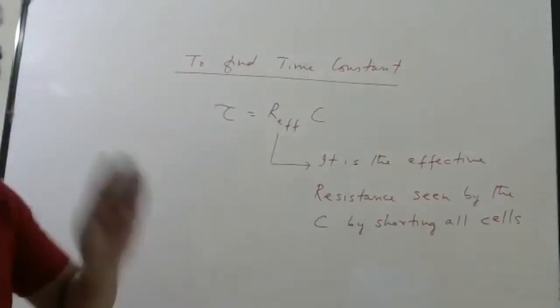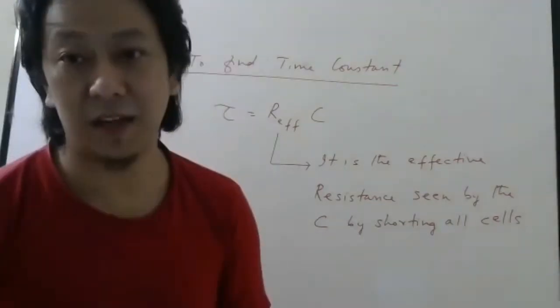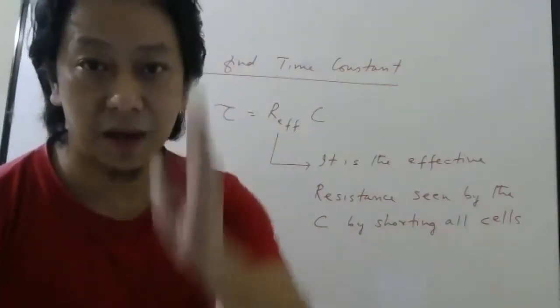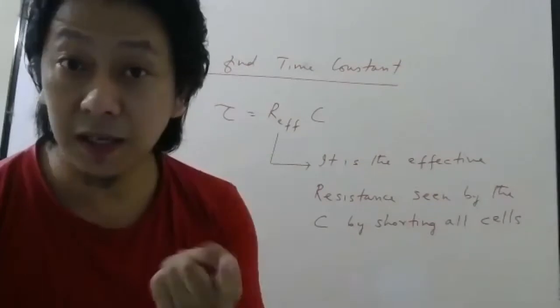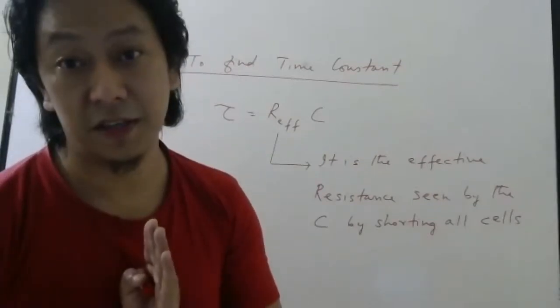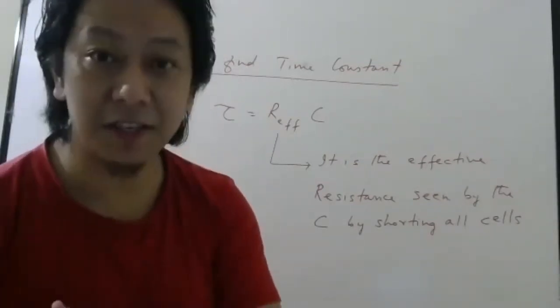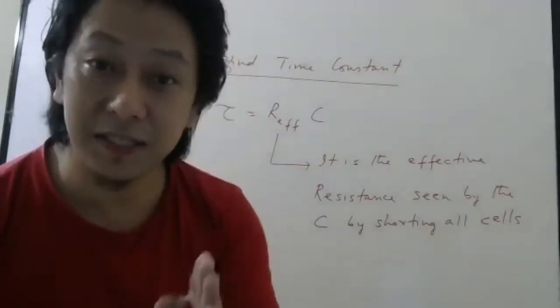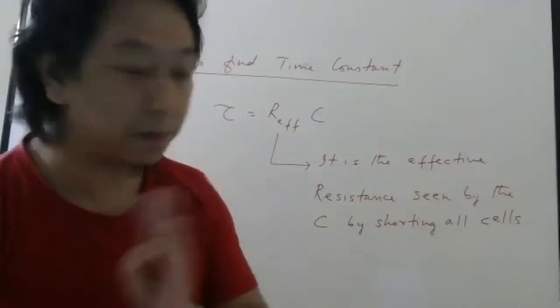So if there is a cell, you short the cell. Short means replace the cell by a wire, if the battery has no internal resistance. If the battery has internal resistance, then replace the battery by its internal resistance.